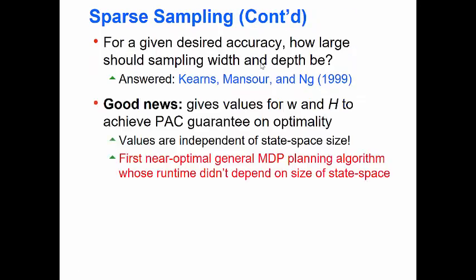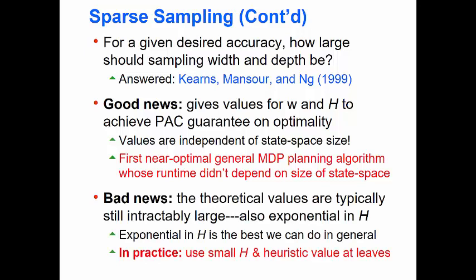The sampling width and the value of H that you need are independent of the size of the state space. So you get a PAC guarantee on optimal policies that is independent of the size of the state space. That was the claim to fame. So that's the good news. But the bad news is you don't ever want to use the theoretical values of W and H, just like you never really use the theoretical values of anything, because they're just way too large, and you might as well expand the size of the state space.